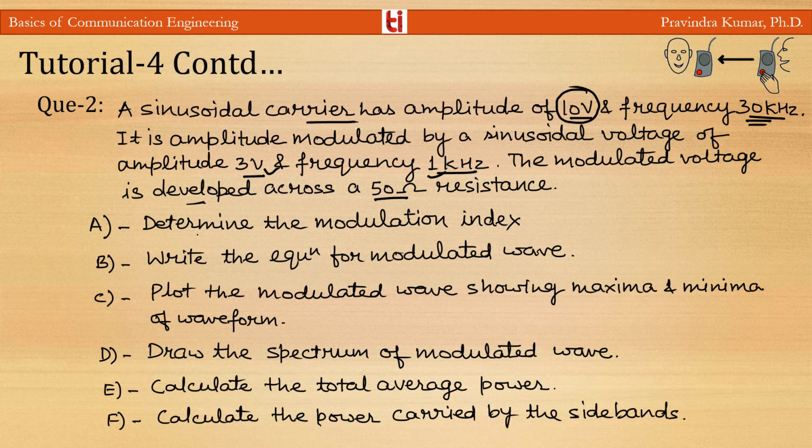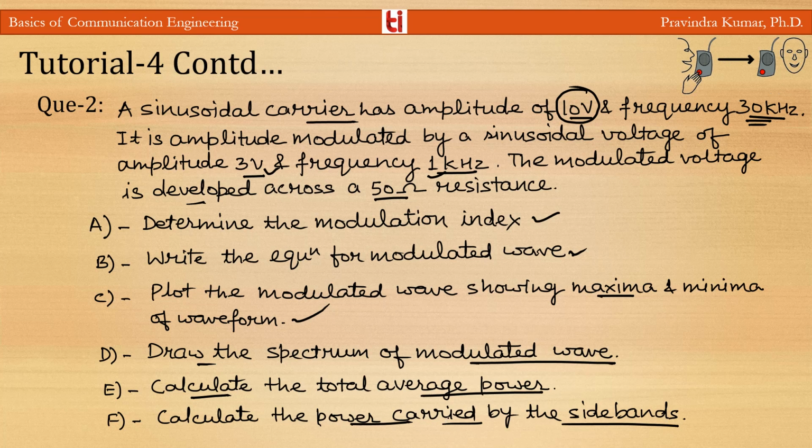So the first point is to determine the modulation index. Then write the equation for the modulated wave, plot the modulated wave showing maxima and minima of the waveform, draw the spectrum of the modulated wave, and also calculate the total average power and the power carried by the sidebands.